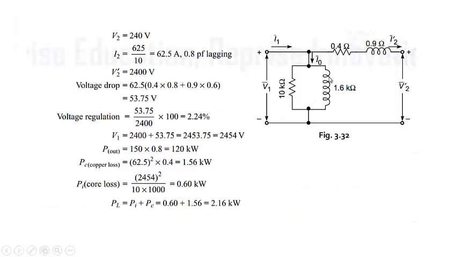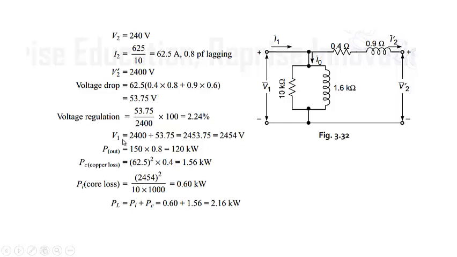So V2 will be 240, I2 will be 62.5 amperes, and V2 dash will be 2400. The voltage drop will be equal to 62.5 into (0.4 into 0.8 plus 0.9 into 0.6), which is 53.75 volts.